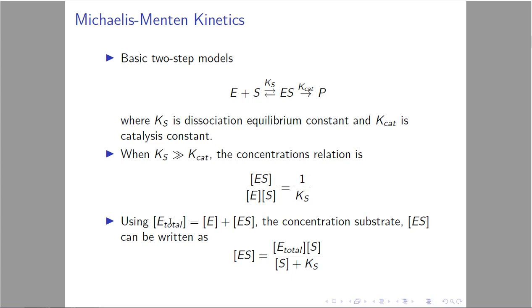If E total, the total enzyme in the solvent, is the free enzyme plus the enzyme attached to the substrate, then the concentration of ES can be written as ES equal to E total S over S plus Ks.